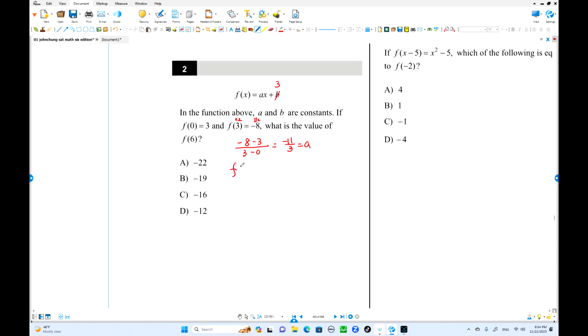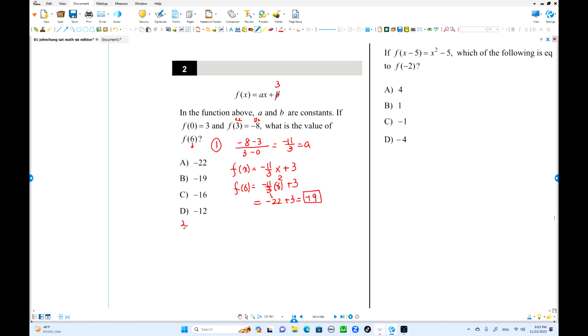So now f of x equals negative 11 over 3 x plus 3. After that, put x equals 6 in the equation. Now you can find f of 6: negative 11 over 3 times 6 plus 3. This is a 1 and 2, negative 22 plus 3 equals negative 19, right? That is the answer.